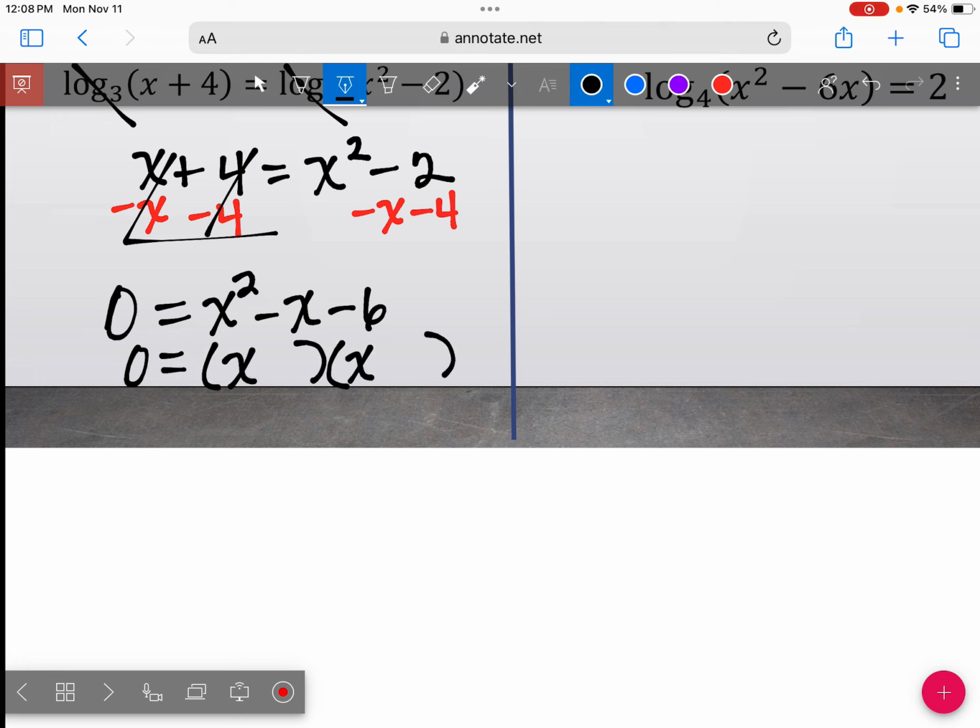What would be your 2 numbers that multiply to give you -6 but add to -1? -3 and what else? All right, go ahead and set them both equal to 0. And we get that x could possibly equal 3 and x could possibly equal -2.